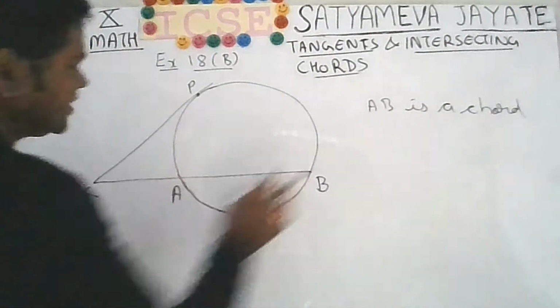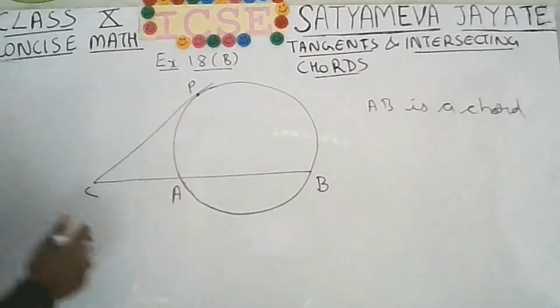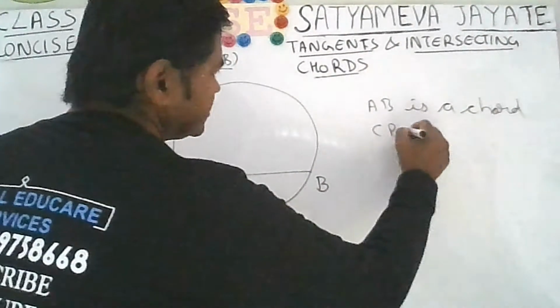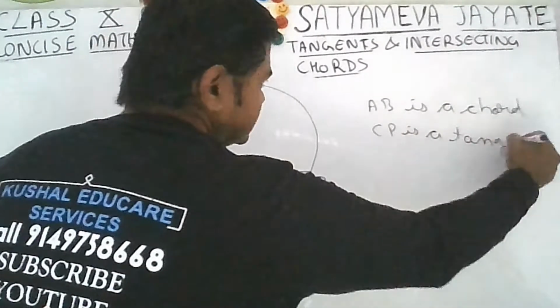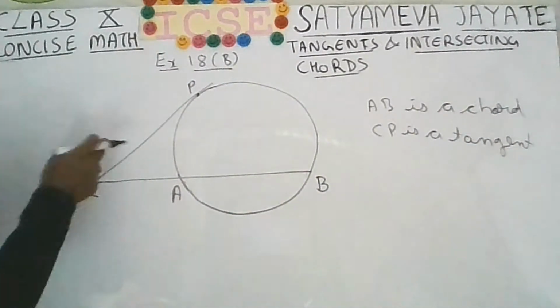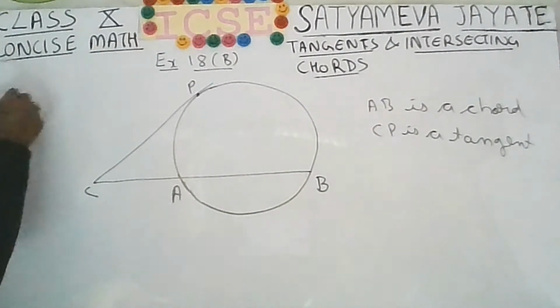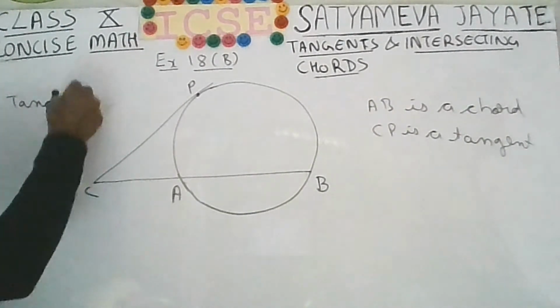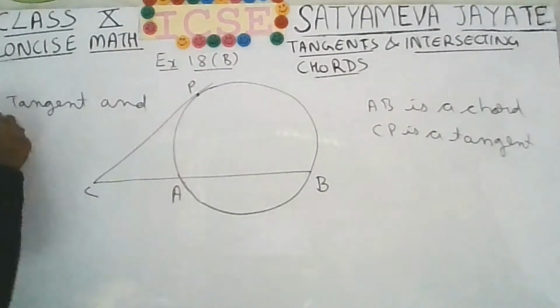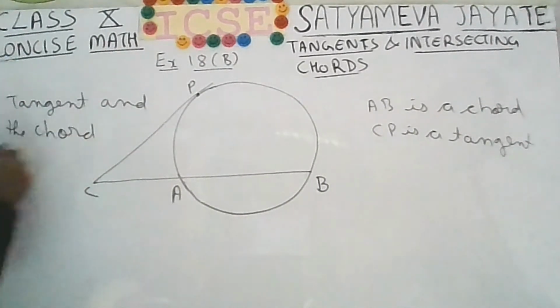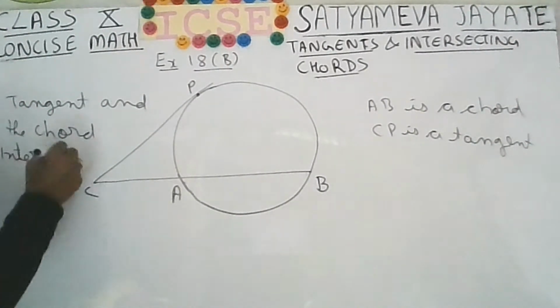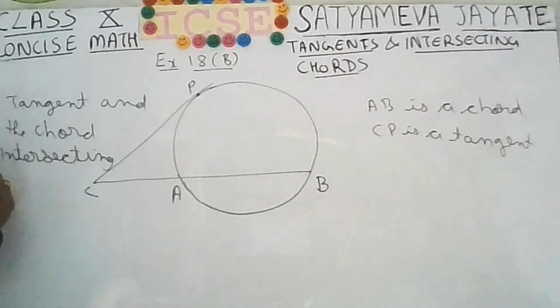So here I have written that AB is a chord, and you can see that CP is a tangent. Okay, and then the next point is that both of them are intersecting externally at a point C. So the important point is that the tangent and the chord are intersecting externally.